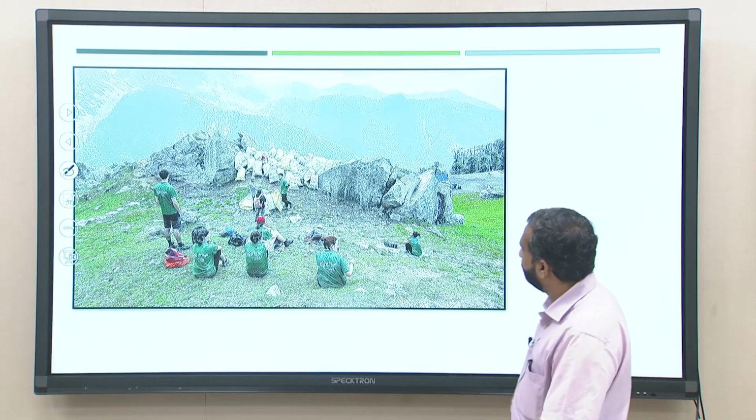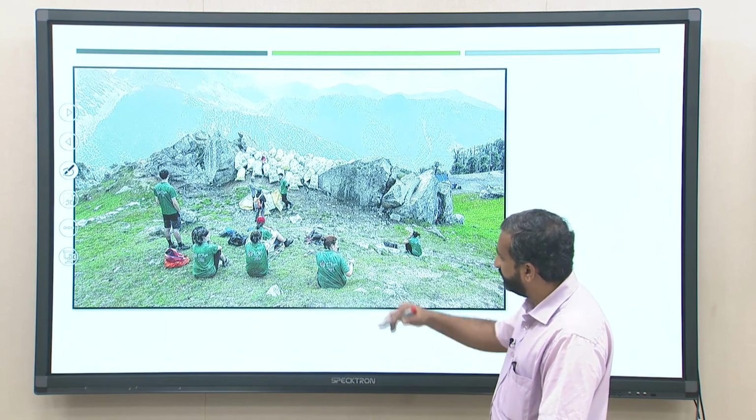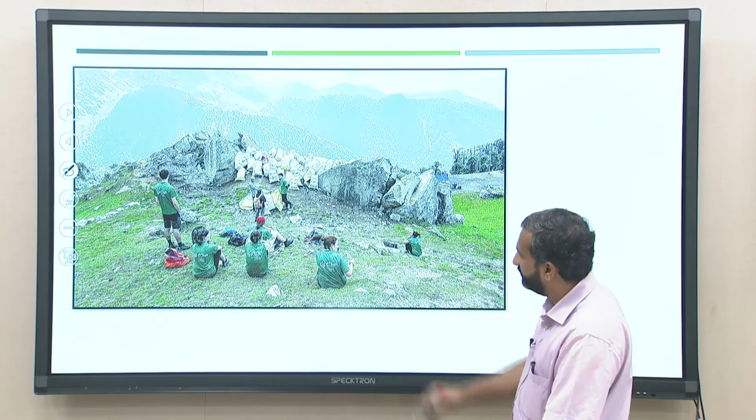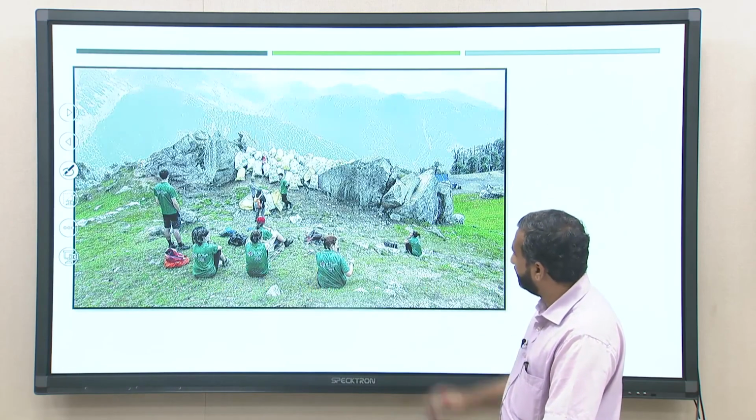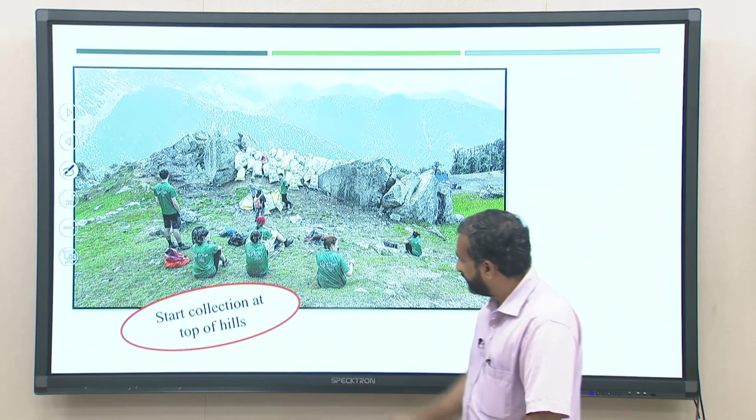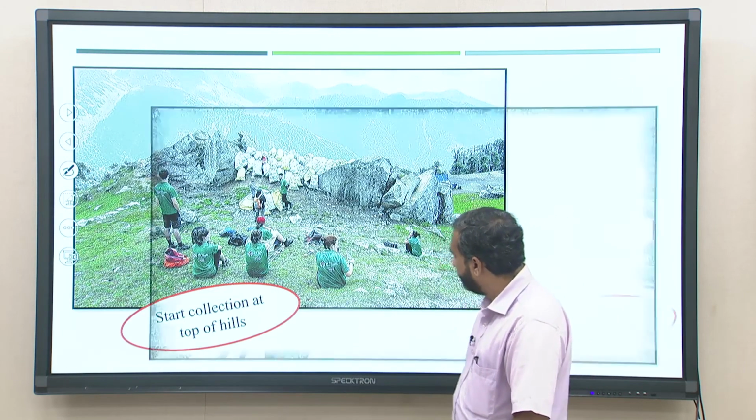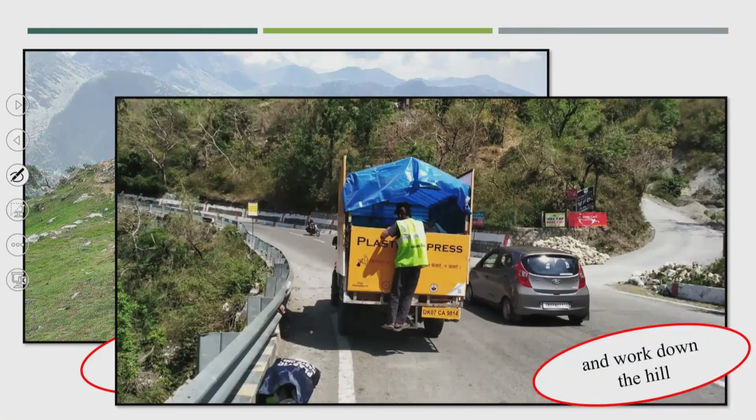So, here in one photograph you can see, we can start from the topography, so that we can start the collection from the top of the hill and work downward. Once the vehicle is filled up, go down the hill.